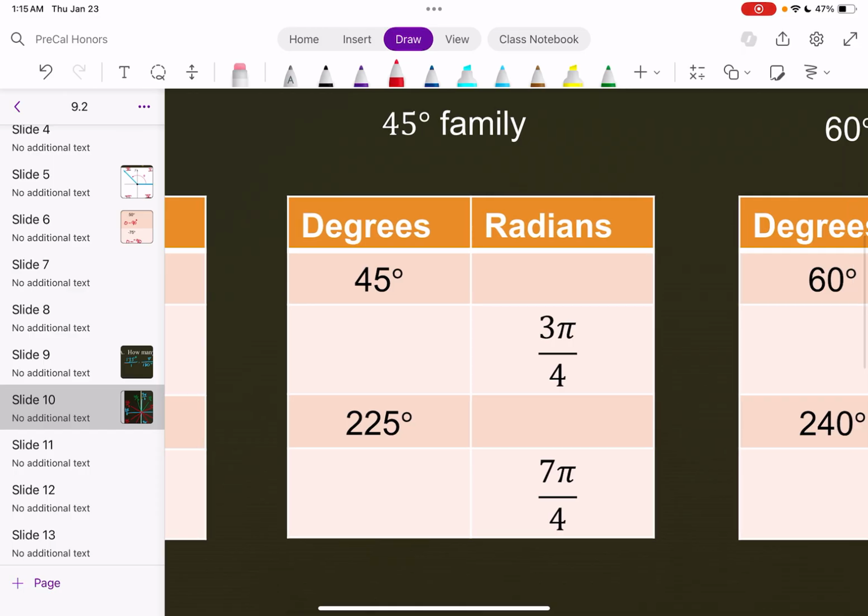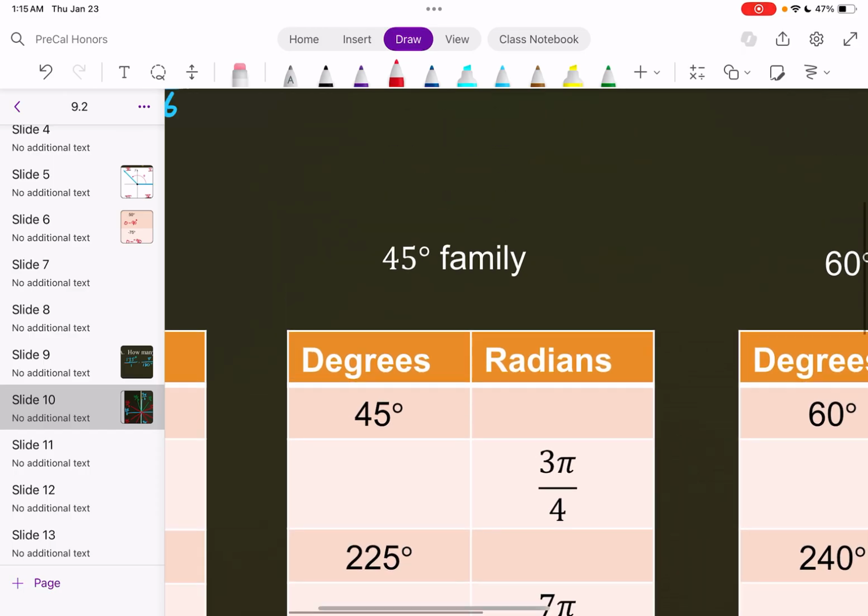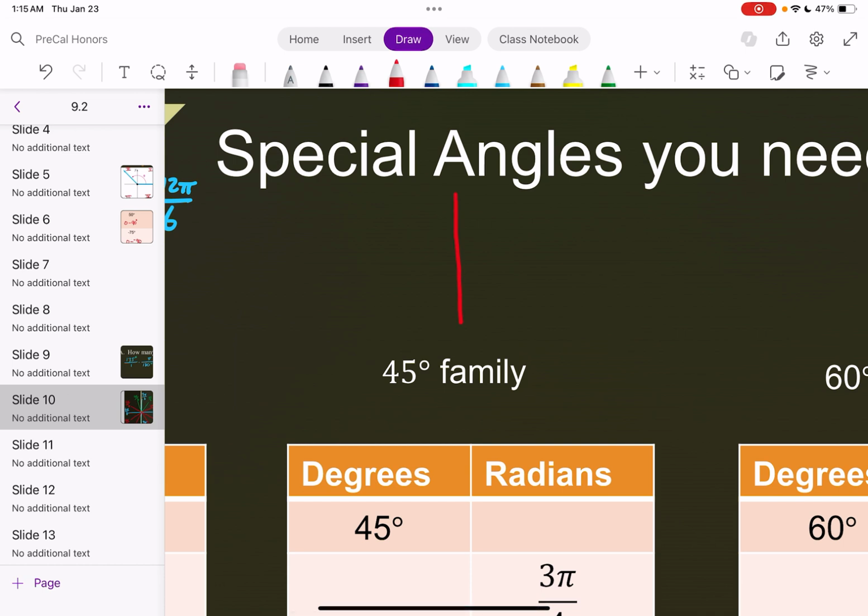Let's take a look at our 45 degree family. The same issue occurs here. Notice we draw our lines. In this case, 45 would be here, 135 here, between our 120 and as we start looking closer to 240, as well as what it would look like as we come across into that fourth quadrant.